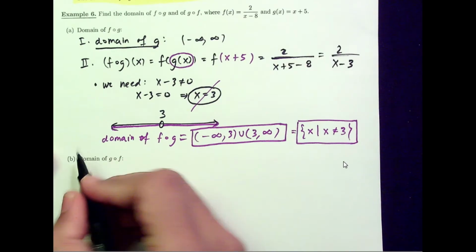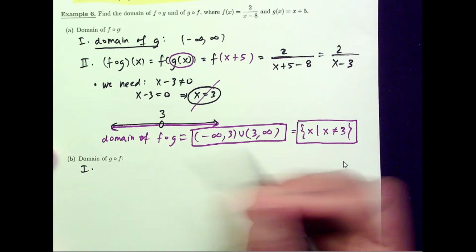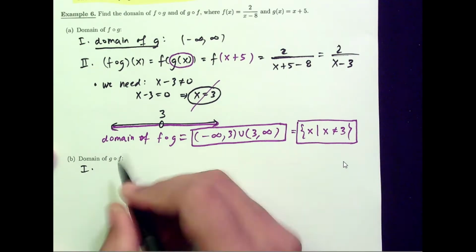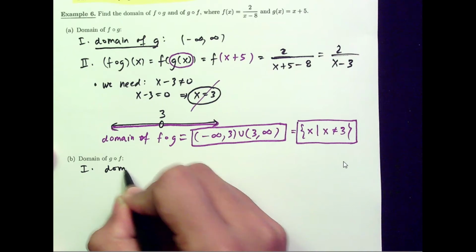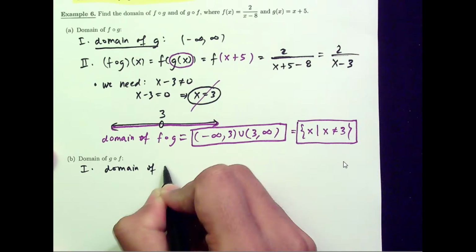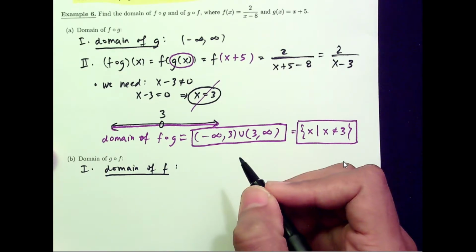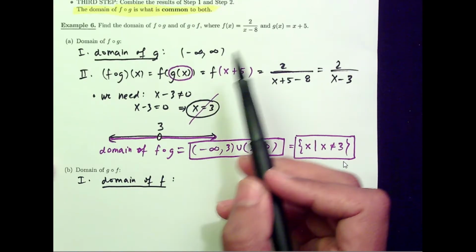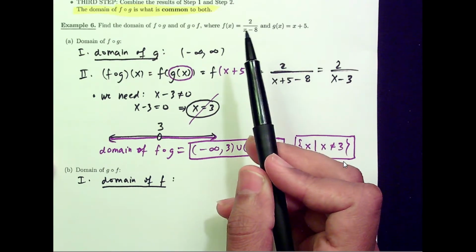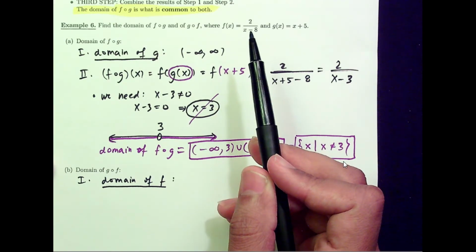Okay, first step is to find the domain of the inside function. So that means find the domain of F. F is the inside function now. Going through the bullet points, there are no radicals of even index, so the second bullet point is not going to apply. Only the first bullet point applies.